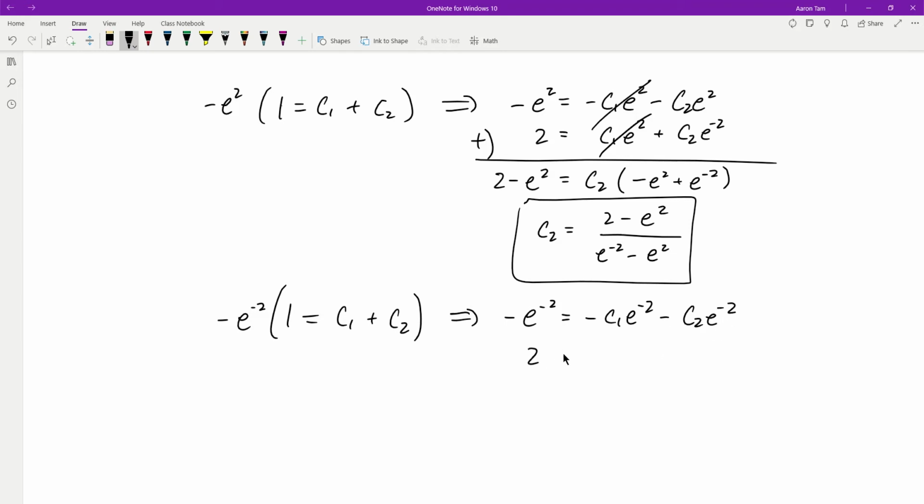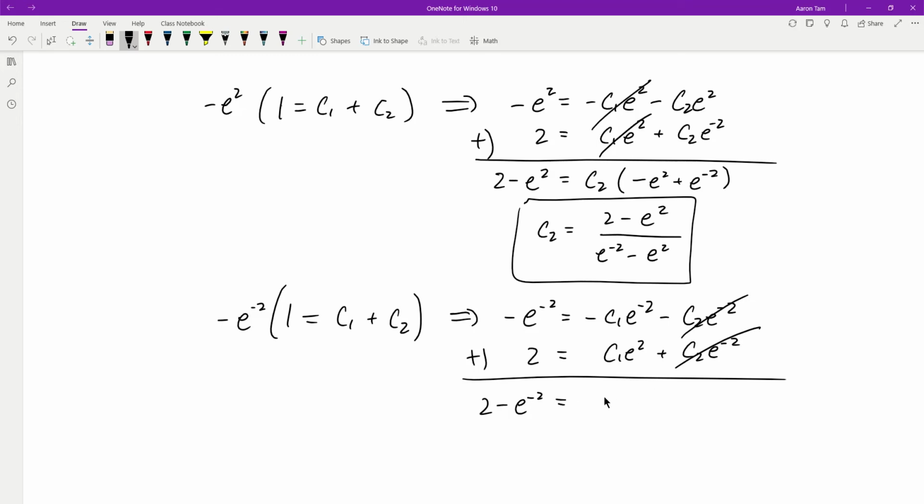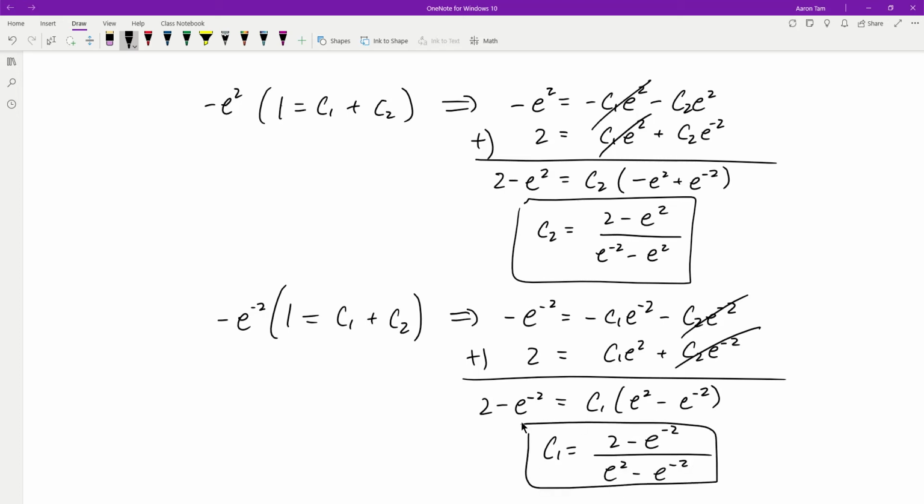And we'll put the second equation underneath. Notice that this time when I add them, c2 will cancel out. So what I have is 2 minus e to the negative 2 equal to, once again we'll factor out c1, e squared minus e to the negative 2. Then I solve for c1 by dividing to the other side: 2 minus e to the negative 2 over e squared minus e to the negative 2. So that's my c1.